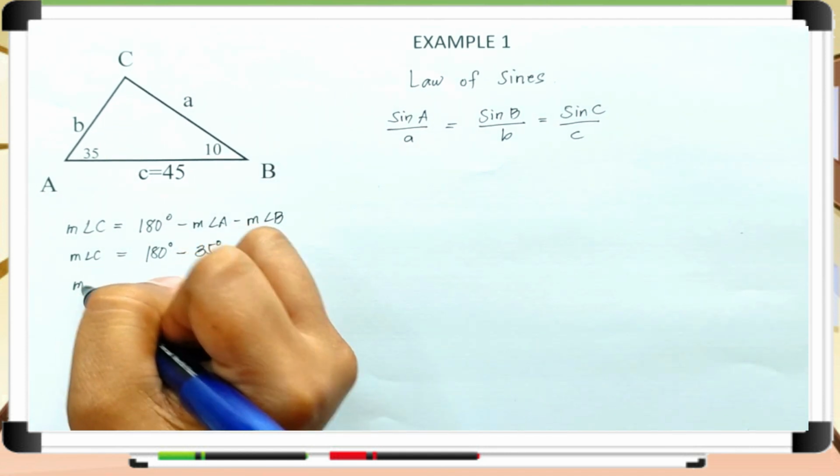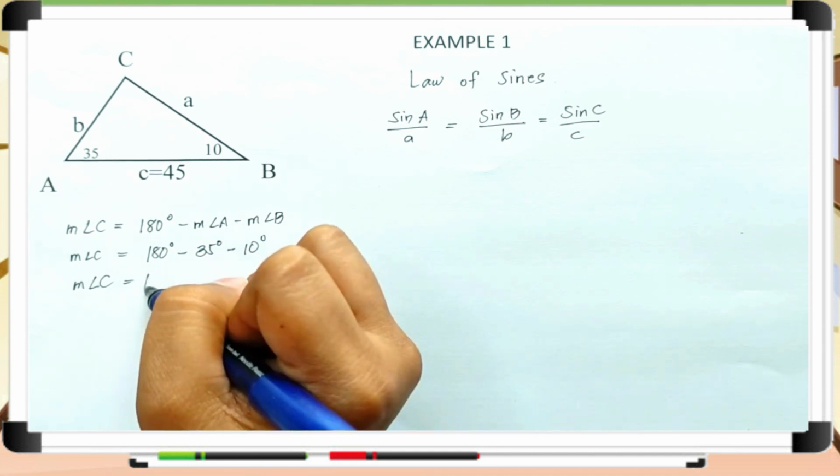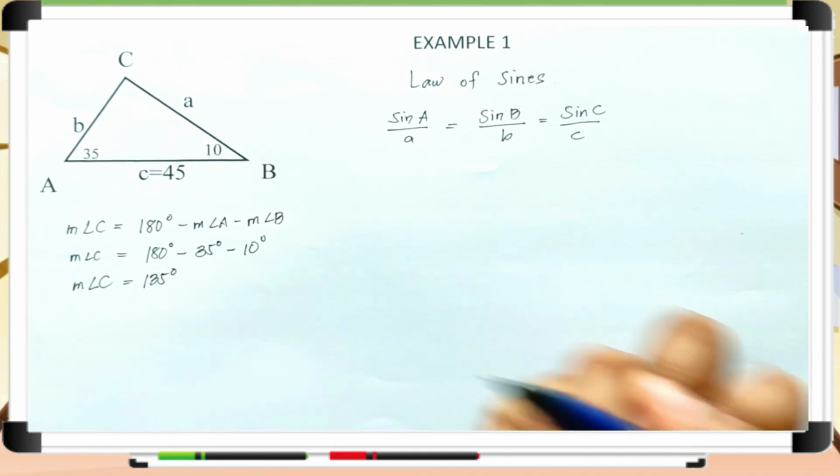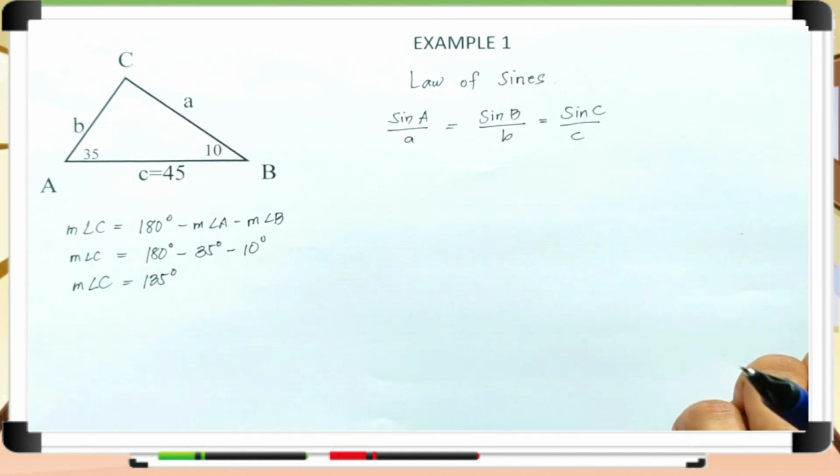And finally, the measure of angle C is 135 degrees.